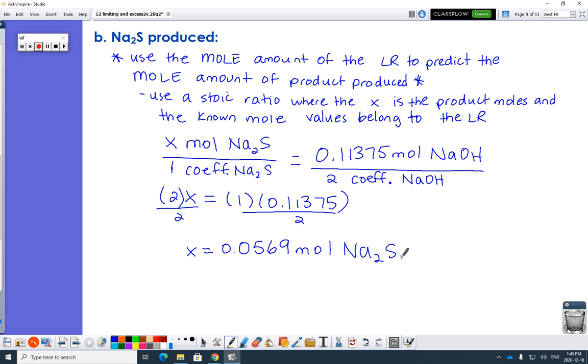Usually, I like to be more specific. The question just says how much. It doesn't really say moles or grams. So usually I would say, determine the number of moles or determine the mass. But this would definitely be a case where you could be like, should I do moles? Should I leave it as mass or whatever? So we'll just keep going.